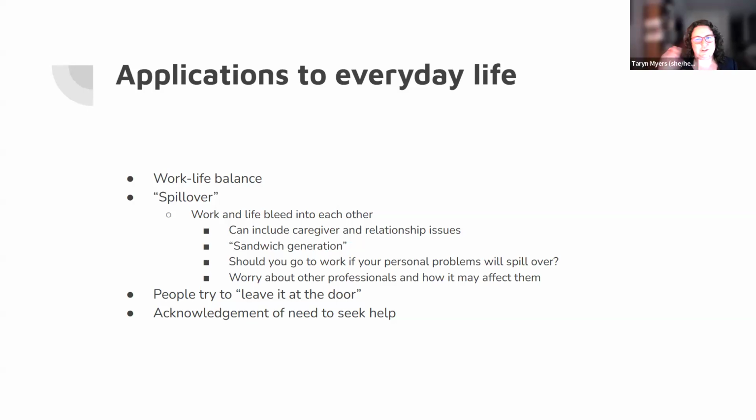And so they talk about people trying to just leave it at the door, but we know from Freud and beyond, and those of you who know me know I'm not the biggest Freud fan, but one of the things he talked about is that repression doesn't work, right? It's going to come bubbling up. You can't just always leave it at the door. We're human. We have memories and feelings, right? And one of the things that's really important is acknowledging it. If you need to seek help, get therapy, reach out to friends and family for help, things along those lines.